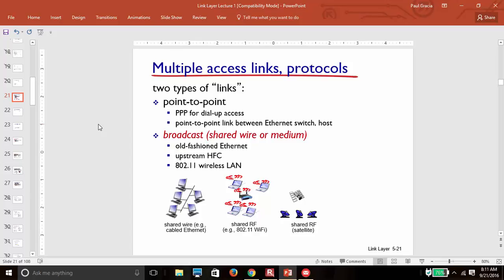A broadcast link would be an example of the old-fashioned Ethernet that was bus-based, which had a coax cable, and you basically connected your end station into the coax bus. Upstream HFC, which is used by the cable providers, is a situation where you have a broadcast-based link.